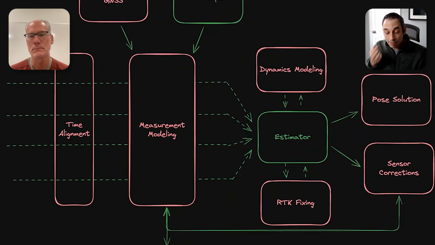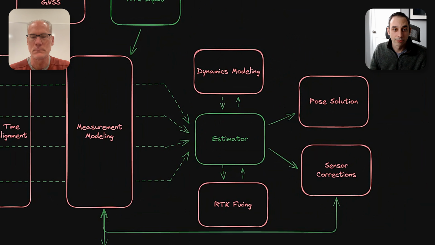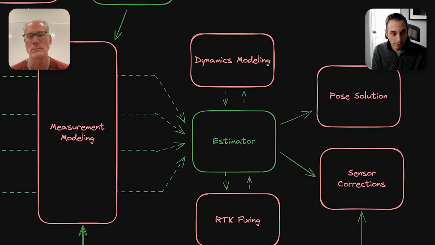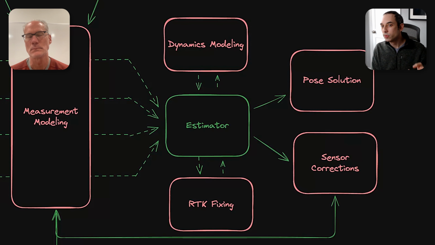Now, the estimator's job, and there's many kinds of estimators, but for the most part, any kind of estimator, its job is to find a way to combine these many measurements, many innovations, and weight them and tease out the ones that maybe aren't so good versus the ones that are, and compare them with my current picture of the world and do an update to that picture.